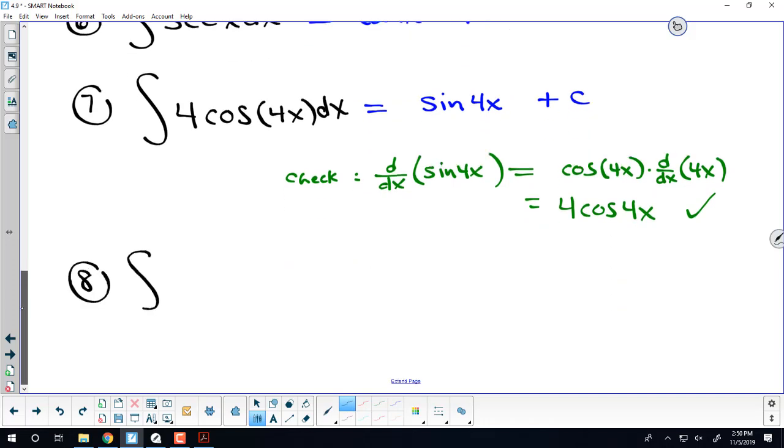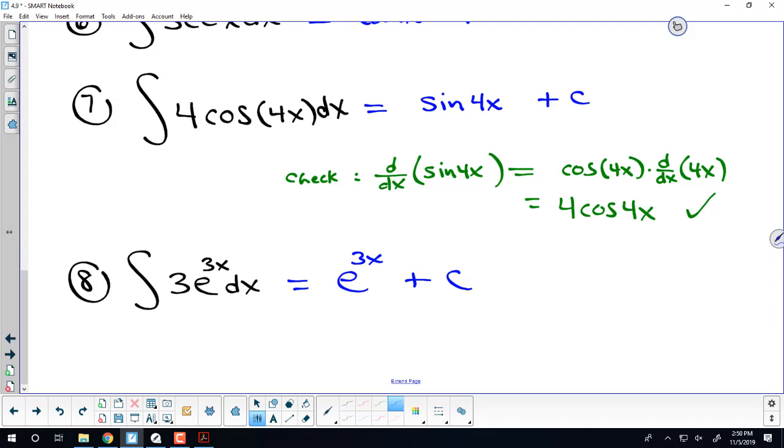What about the antiderivative of 3e to the 3x? The derivative of e to the 3x is 3e to the 3x. So the antiderivative of 3e to the 3x is e to the 3x plus c. So you could see how these things could get really complicated, right?